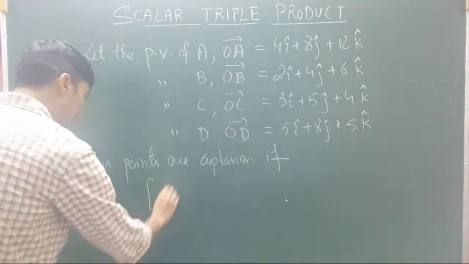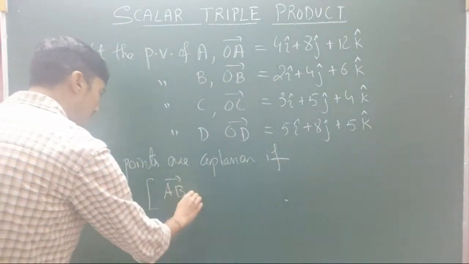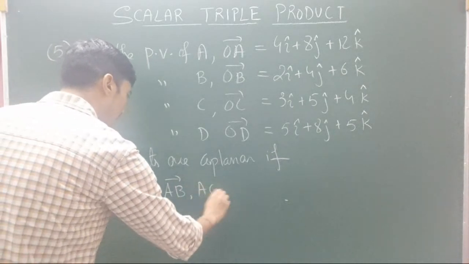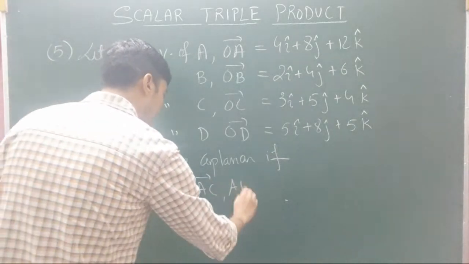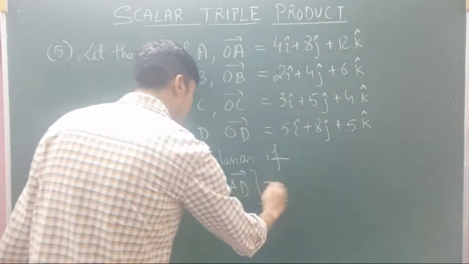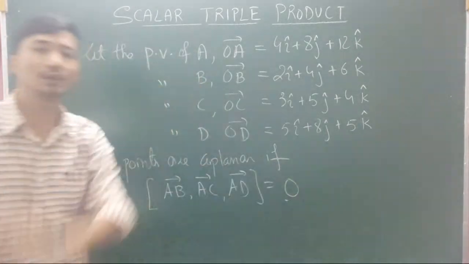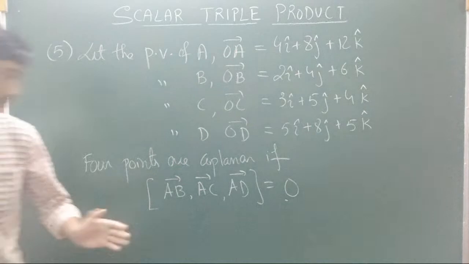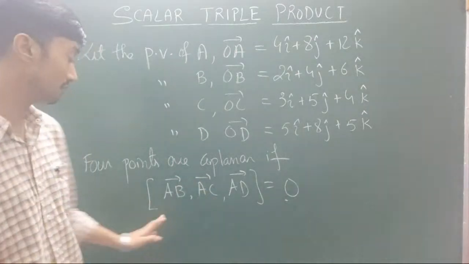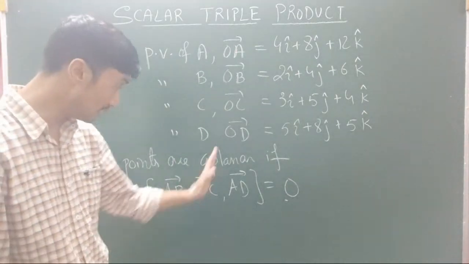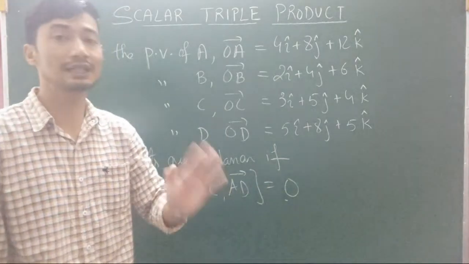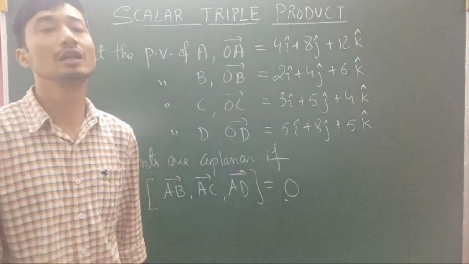if the scalar triple product of vectors AB, AC, AD is 0. So if the scalar triple product of AB, AC, AD is 0, then we can say that the given 4 points are coplanar.